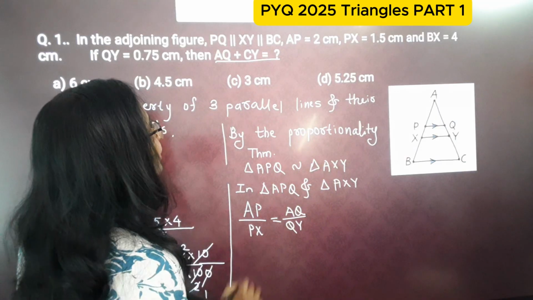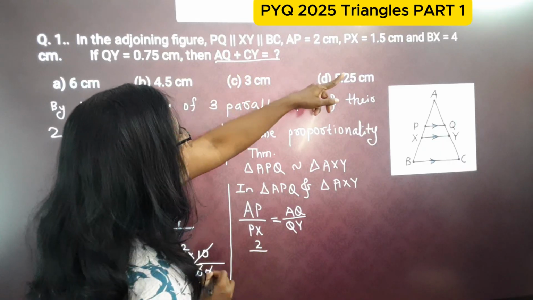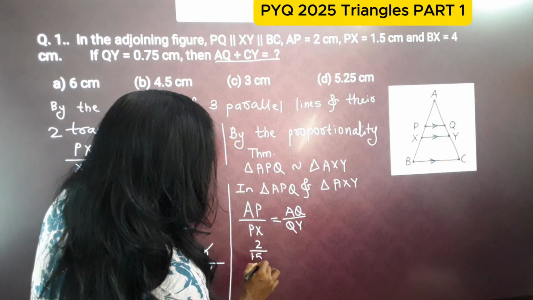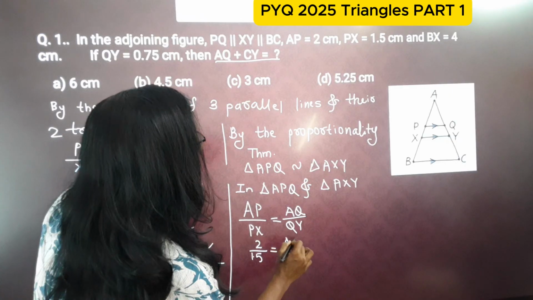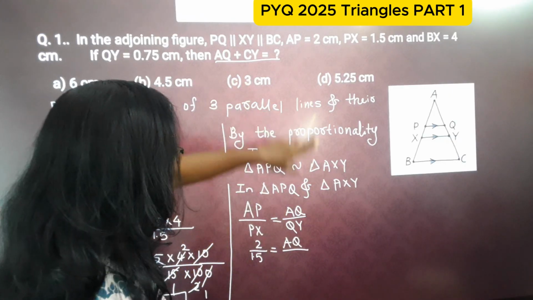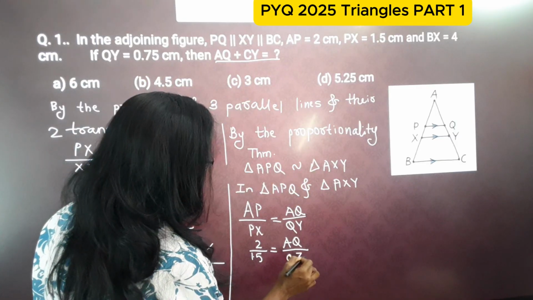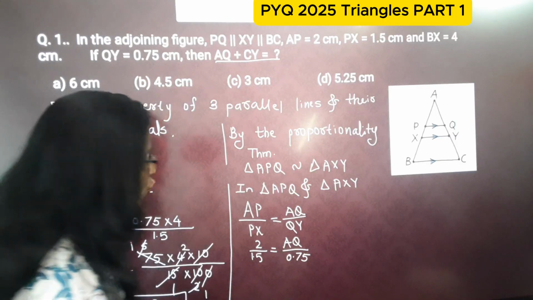So now AP is equal to 2 cm, PX is equal to 1.5, and AQ is what we have to find out, students. That is not given, and QY is equal to 0.75. So now simplify these, students.